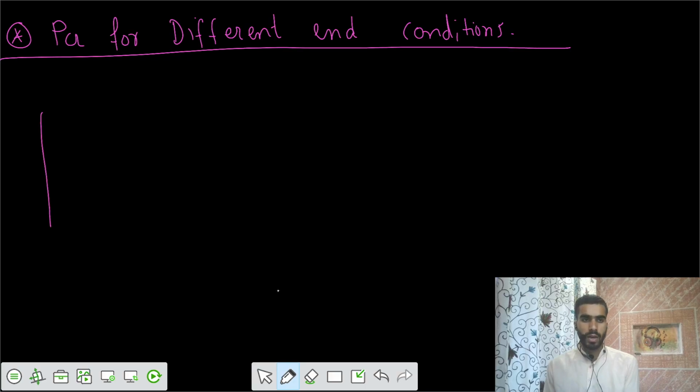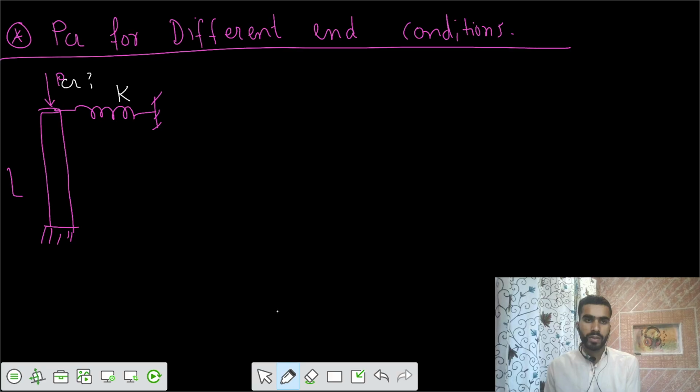First, you have this column of length L, and you apply a load of P, and there is a spring also attached at the top, of stiffness K. Now, how do you calculate that PCR value?